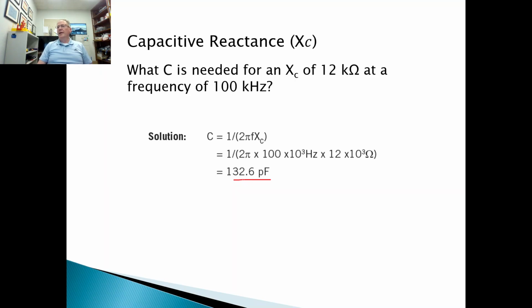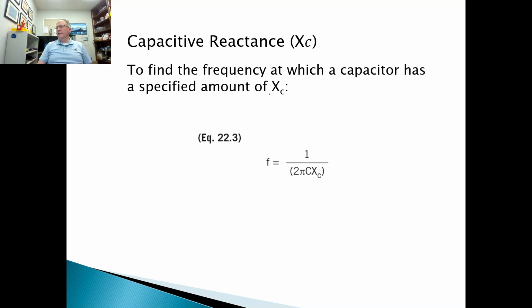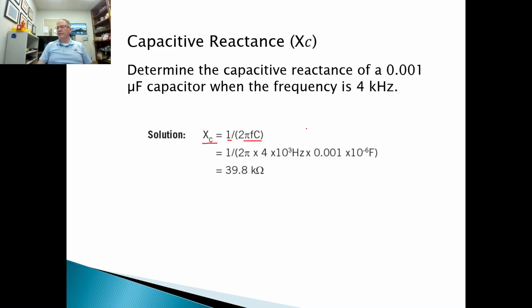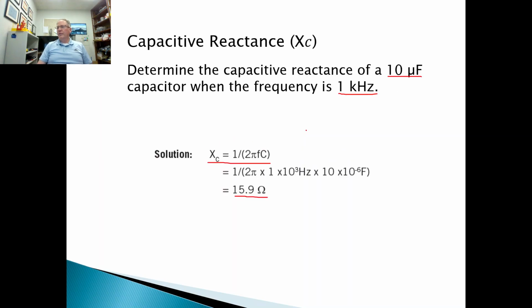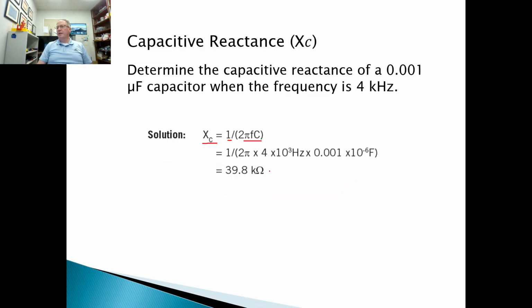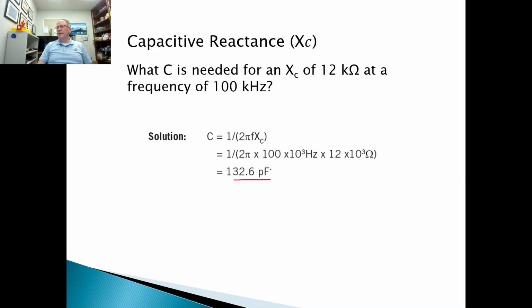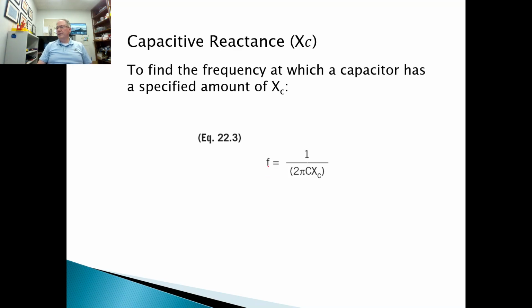All right? Now, you can also find the frequency. Again, if we go back to our original formula, X of C equals 1 over 2 pi F C. If we multiply both sides by the frequency and then divide by X of C, we end up with the frequency equals 1 over 2 pi times the capacitance times the capacitive reactance.